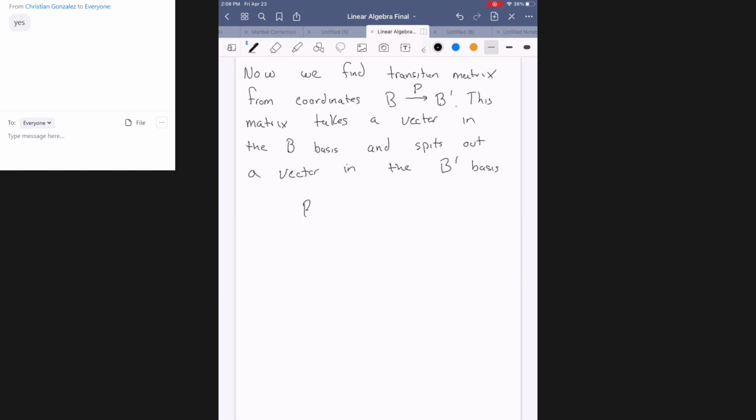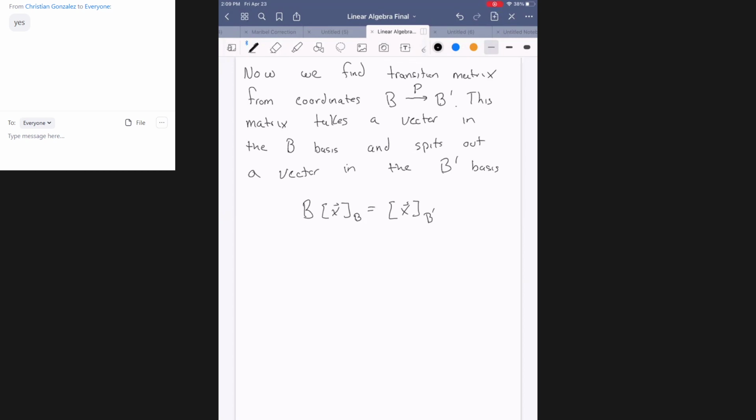In other words, if you multiply P by a vector x in the B basis, it will give me a vector in the B prime basis.